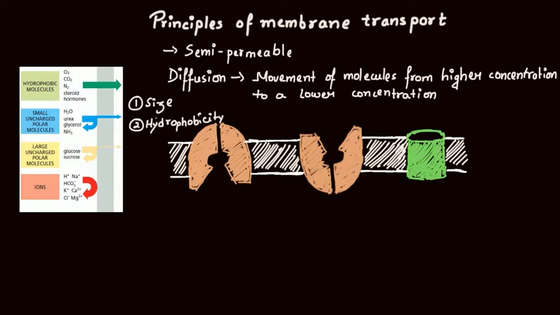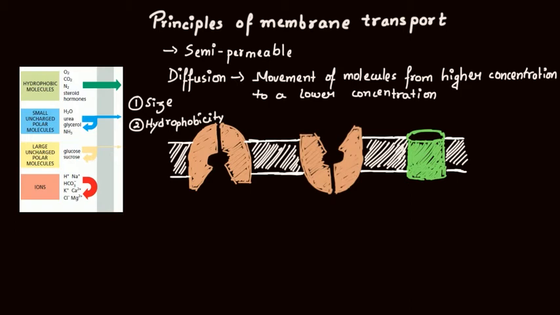Now, if the molecule is very small, or if the molecule is more hydrophobic, then the molecule can move through the plasma membrane very easily, because smaller molecules can pass through the phospholipid layers very quickly.